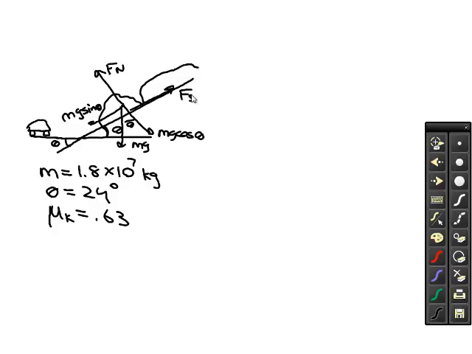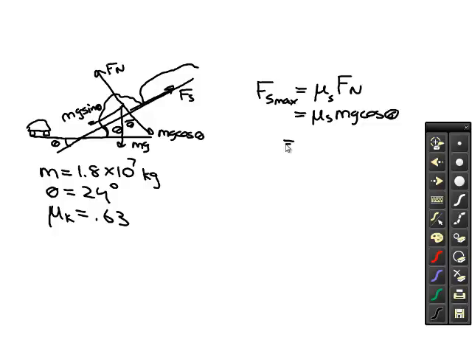So the question is, is mg sine theta big enough to overcome maximum static friction? Maximum static friction is mu times the normal force, or mu times mg cosine theta. In this case, they are equal.